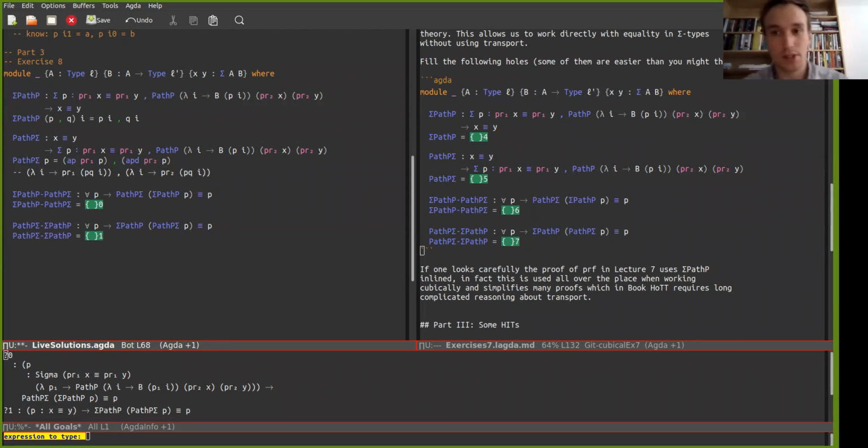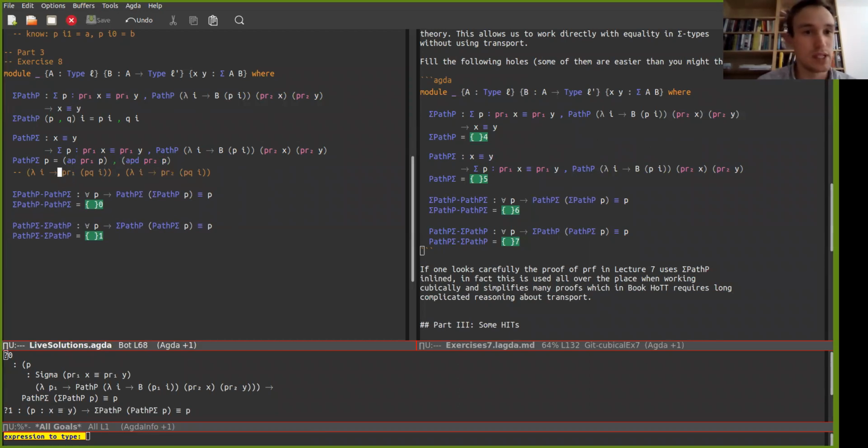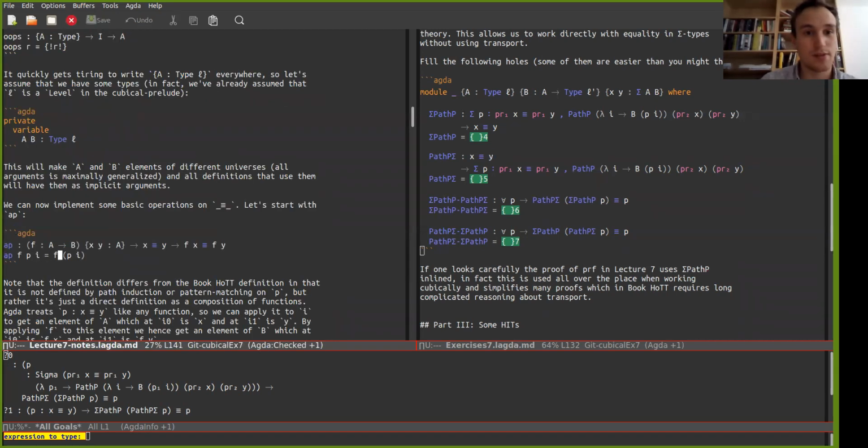Oh, there's another question that I'll come to in a minute. But this was a proposed solution. The first is a path that takes lambda I and then sends it to the first projection of PQ, and I guess PQ is just P in our setting of I. If you actually look at it, this is just what app does, right?